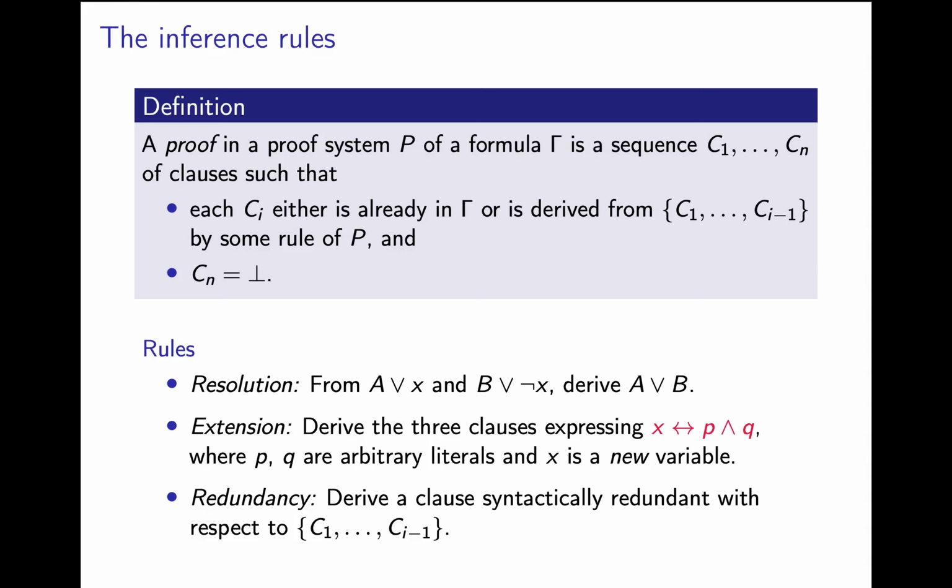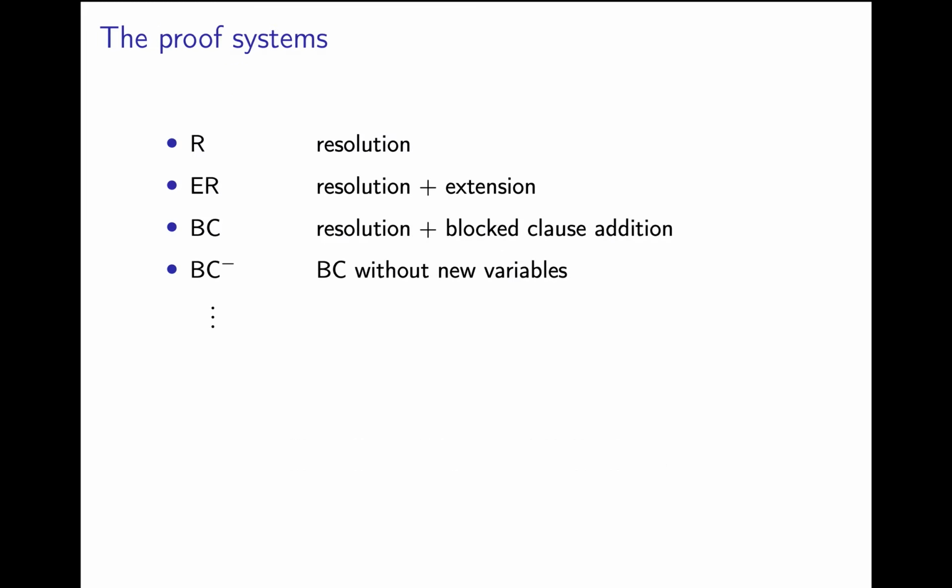And we finally have some redundancy rule, which allows us to derive a syntactically redundant clause with respect to the set of all the previous clauses occurring in the proof. With different choices of those inference rules, we obtain different proof systems. I'm writing R to denote the base system, which is resolution. ER is extended resolution, which has the resolution rule plus the extension rule.